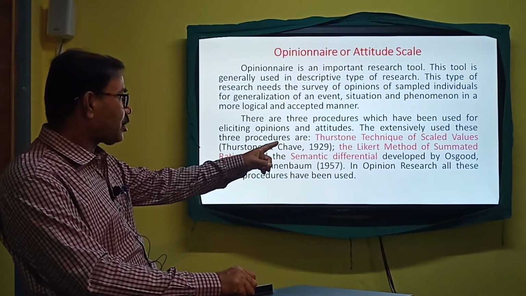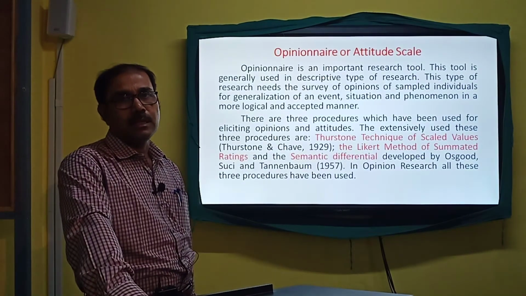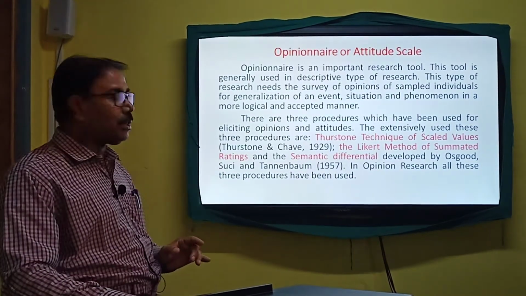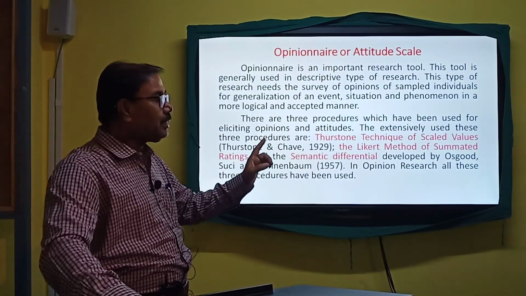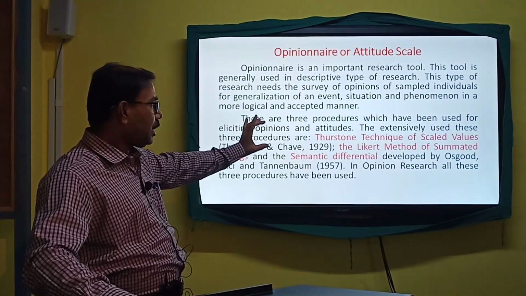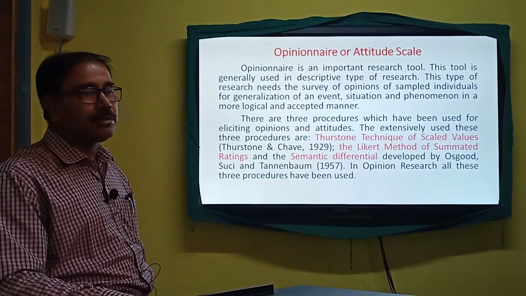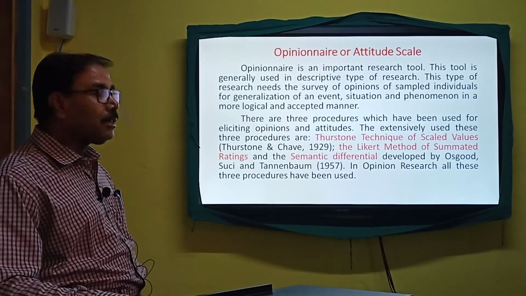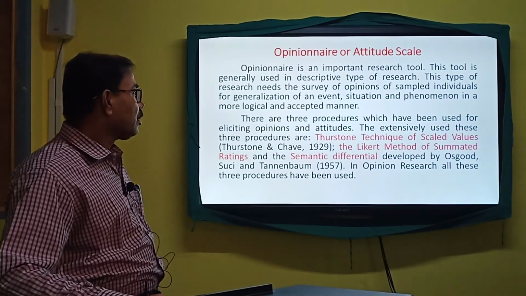In opinion research, all these three procedures have been used. So in the field of research, when an Opinionnaire or attitude scale is applied as the scale of data collection, we have to depend on all these three basic scales for the quantification of the research data, so as to get the actual meaning for reporting the result of our research data.